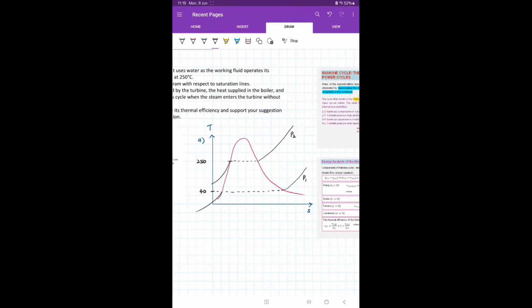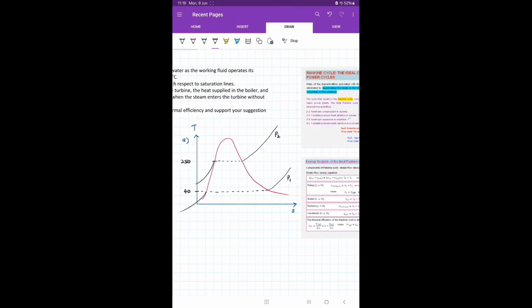We know that from state 1, which is this one, going to state 2, we have isentropic compression in the pump, meaning entropy at point 1 is equal to entropy at point 2.